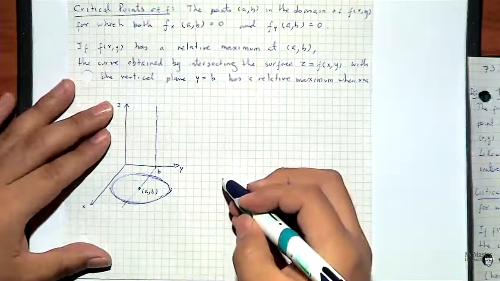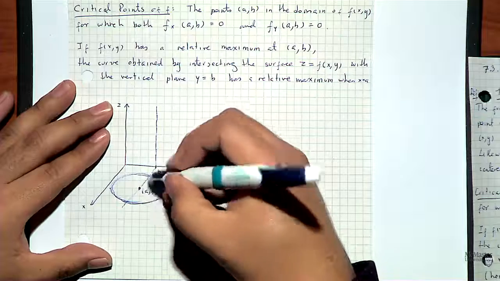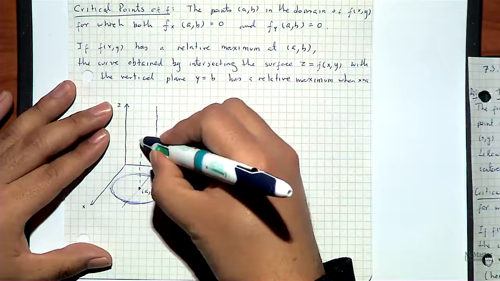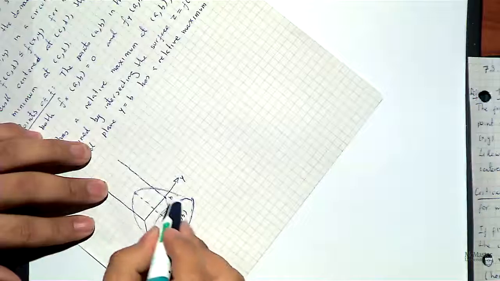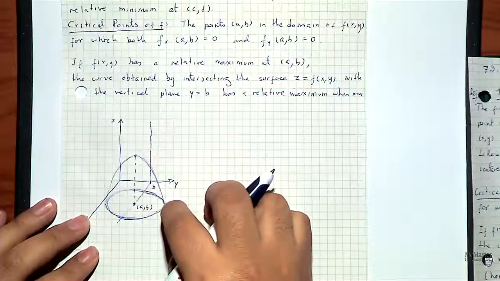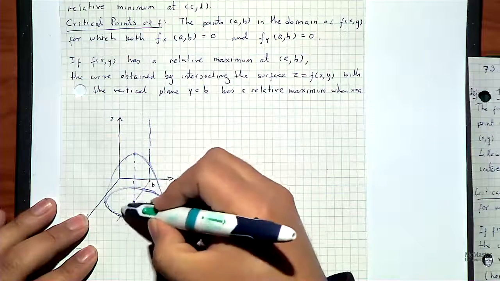So first, I know that the maximum would be here, for example. And then, if I make the intersection of the surface, which I just drew, with the plane, you would get something like this.